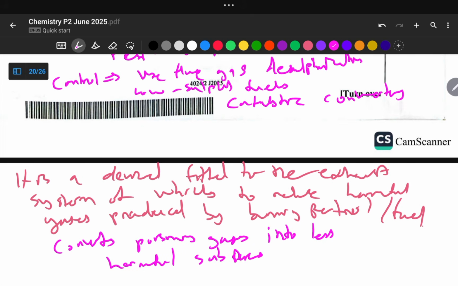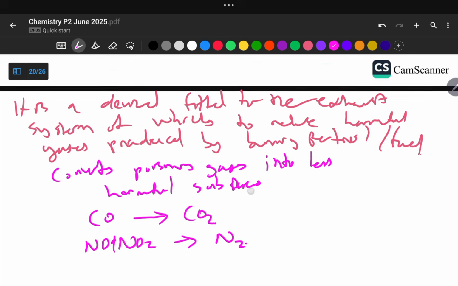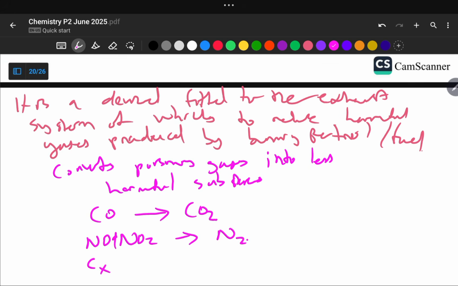Are we together? And then we can have the harmful gases. We have carbon monoxide being oxidized to carbon dioxide. We have the oxides of nitrogen, nitrogen monoxide and nitrogen dioxide, reduced to nitrogen gas. And then we can also have soot or unburnt hydrocarbons, which are oxidized to carbon dioxide and water.